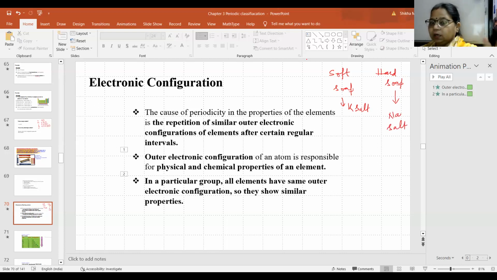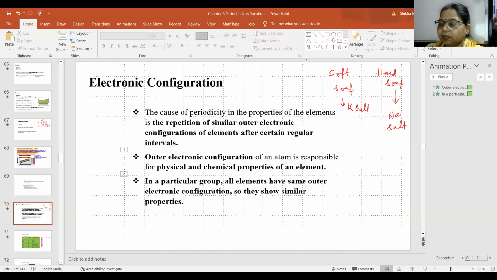Both of them, I'm just trying to bring out a similarity between sodium and potassium as they belong to the same group. Both their salts with the fatty acid show cleansing properties, but one is soft and the other one is hard. That's why I said they show similar properties, but not identical properties.